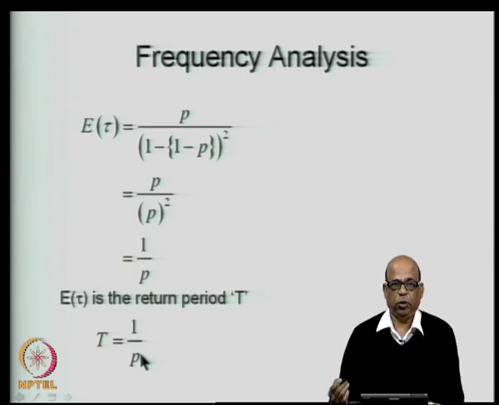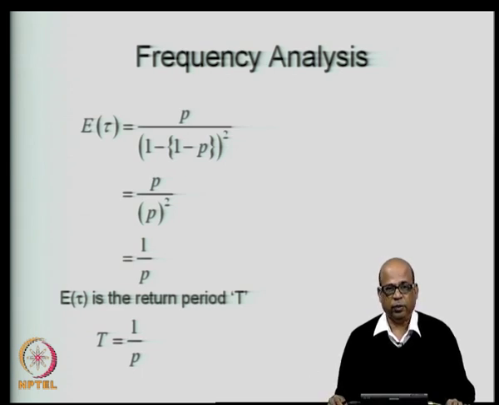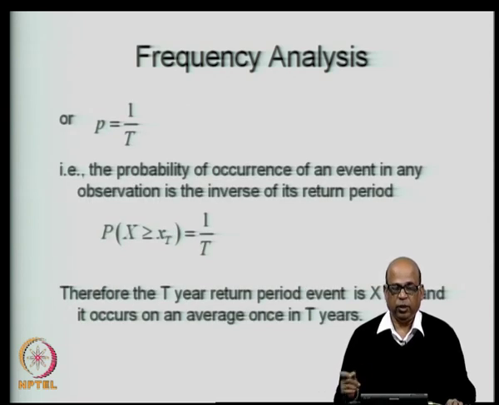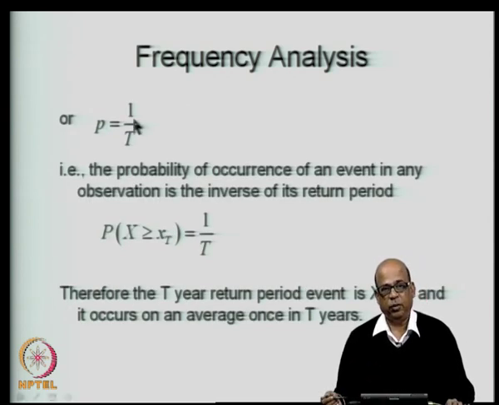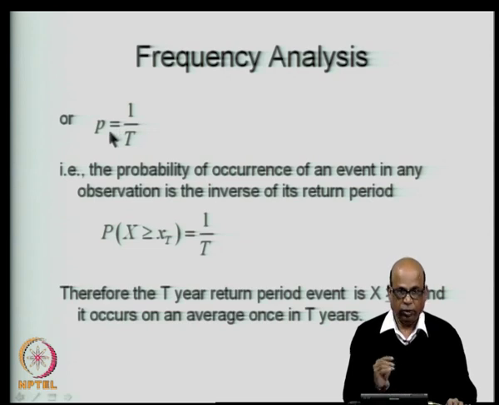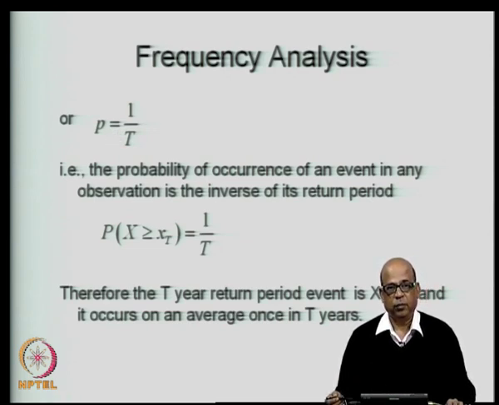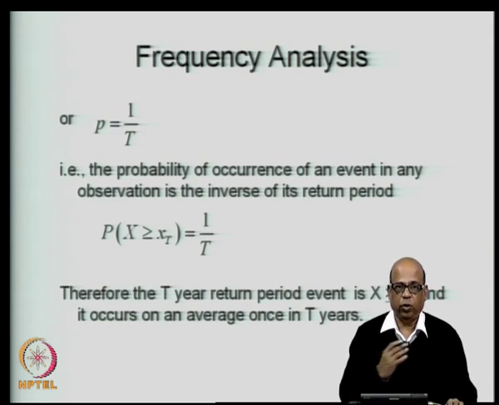Now, this is an important and very useful result: the return period is equal to 1 divided by the probability of x being greater than or equal to x t. Mostly we write it the other way around, p is equal to 1 by T, that is, the probability of occurrence of the event is equal to 1 divided by T. So, specify the return period and immediately you get the probability, and that probability we use for all our designs.